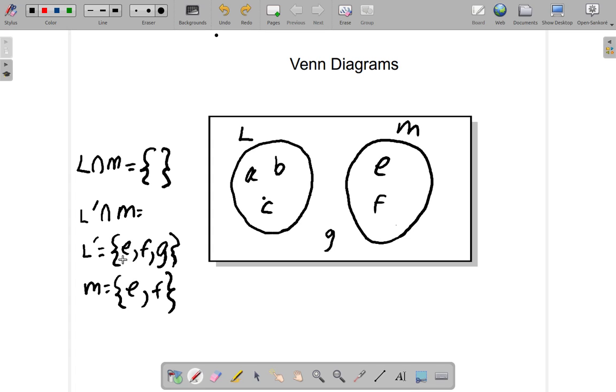It consists of those elements that are in both sets at the same time. So there's E, and I see F, and that's it. There's nothing else there. Alright? So only E and F. Good.